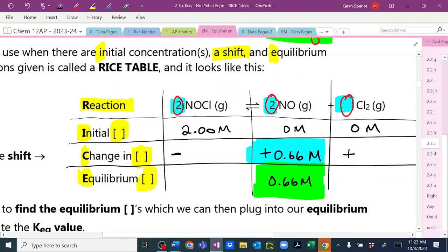So if we've made 0.66 NO, how much NOCl have we used up? 0.66, because they are 2 to 2, which means they are 1 to 1.